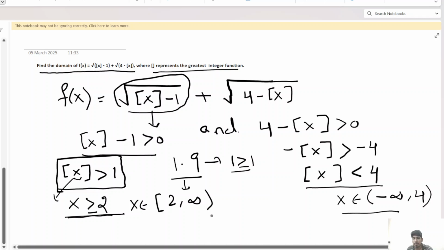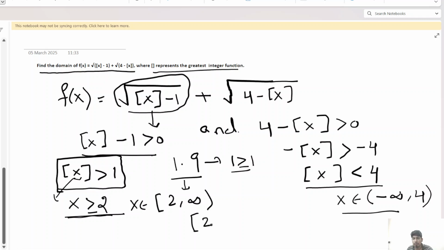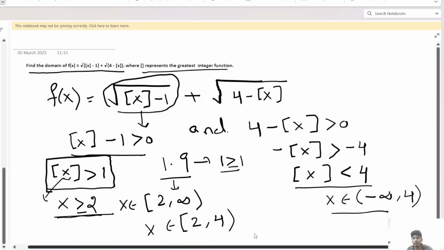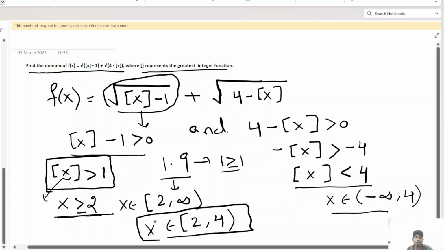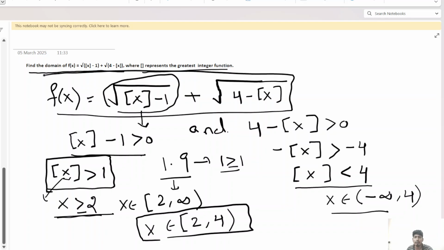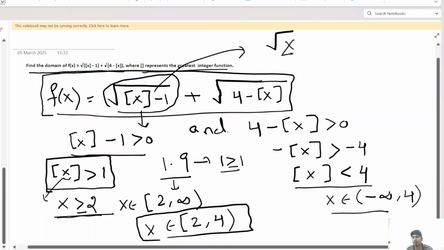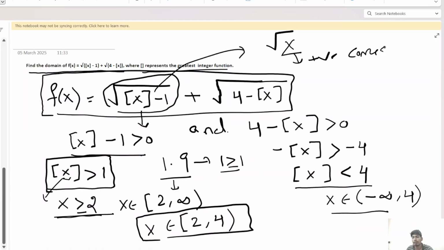So what is the intersection? 1 to 4, closed at 1, open at 4. So this is our domain, meaning in this interval if we choose any x, this function is defined. The main thing is, under the square root only a non-negative value comes. This is our key point.